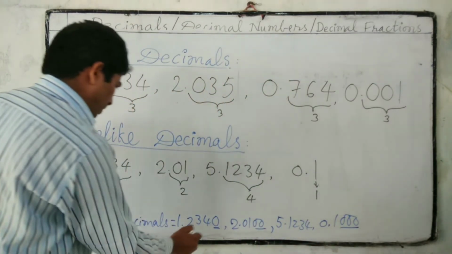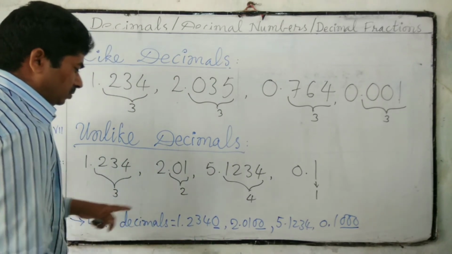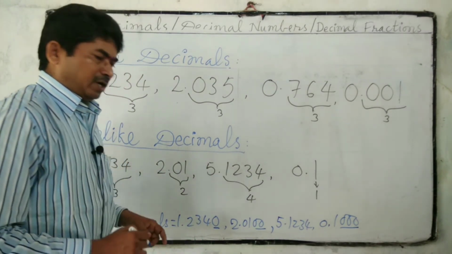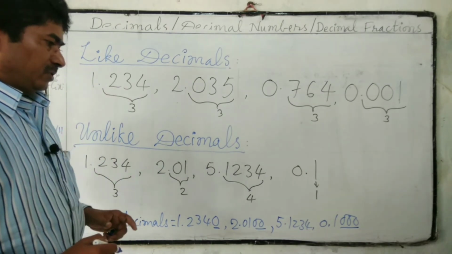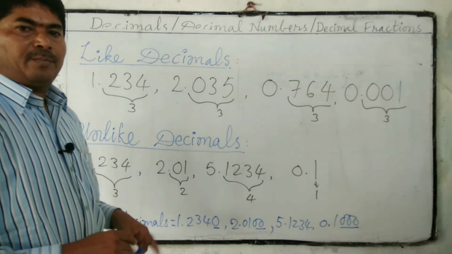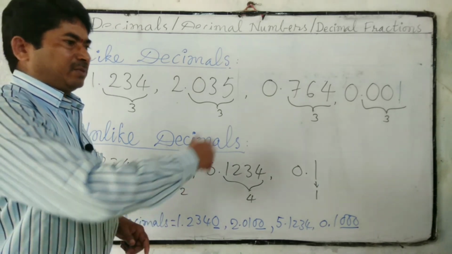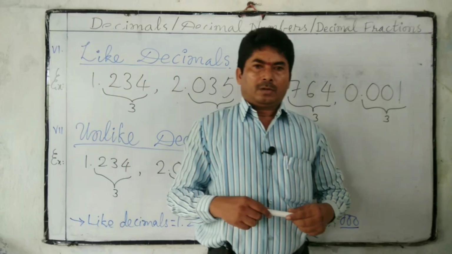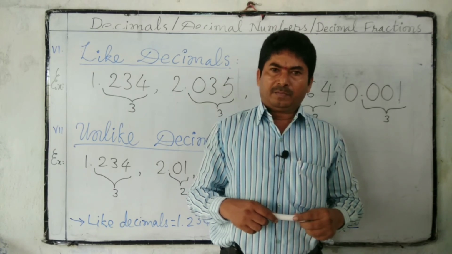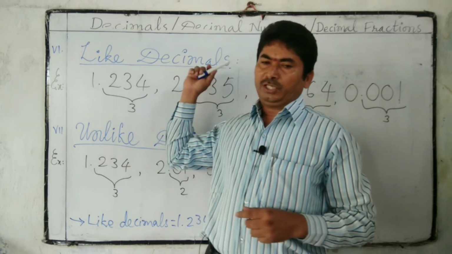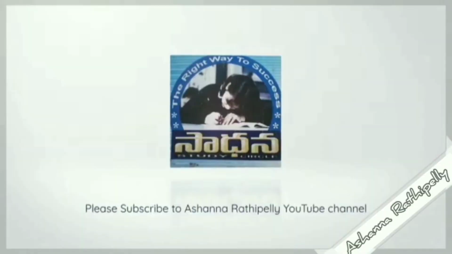Here 2. Here 1. So this is the method of converting unlike decimals to like decimals, simply keeping zeros at the end of the right side. I think you understood well all about decimal numbers.